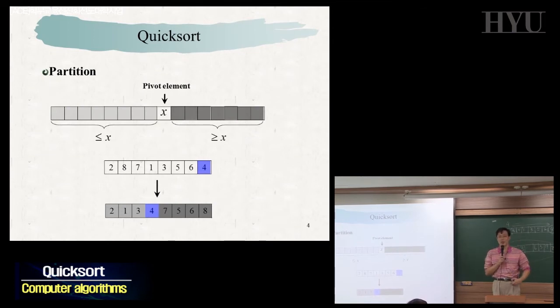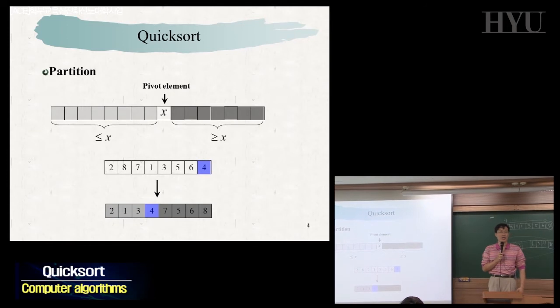Then let's get back to the quicksort algorithm. Quicksort algorithm runs like this. It makes 2 partitions and finds a proper place for the pivot element.